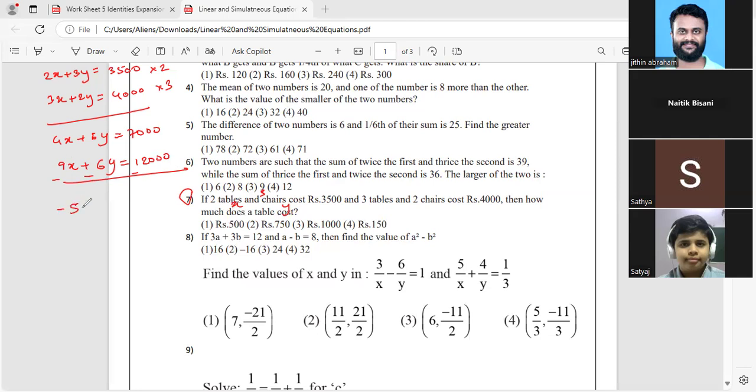This gives me minus 5x is equal to minus 5,000. That gives me x is equal to 1000, which is basically the cost of one table. Yep, so probably our assumption is correct. The missing number was 3.